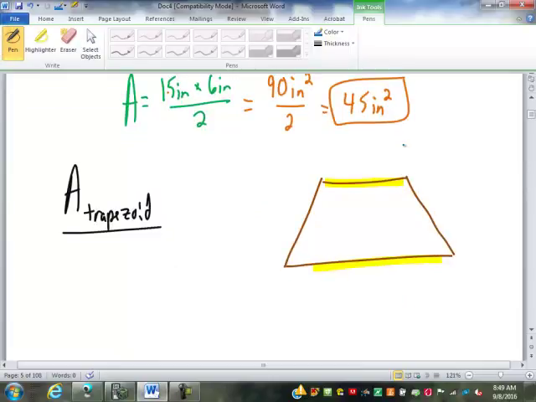Here we have 2 bases. Call it base A and base B. Sometimes called base big B and base little b. And then there's a height, or a distance between those bases.